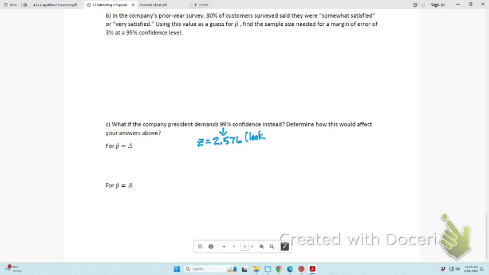Look at the bottom row of table B. And that tells you 2.576. Then let's plug everything in. Still 0.03 for the margin of error. And back to 0.5 for p hat. Let's solve for n.